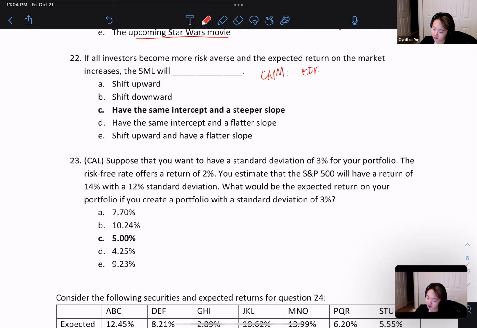Expected return on security i equals the risk-free rate plus beta i times expected return on market minus risk-free rate. This is beta. This is expected return on security i. It depends on the beta.